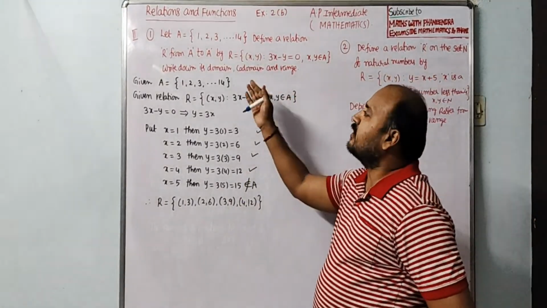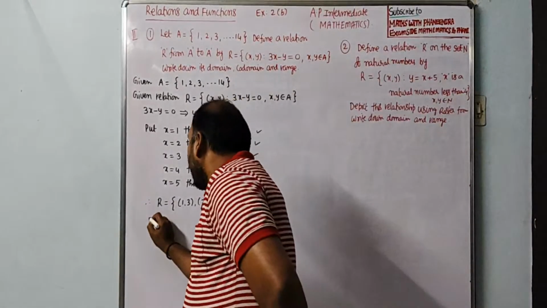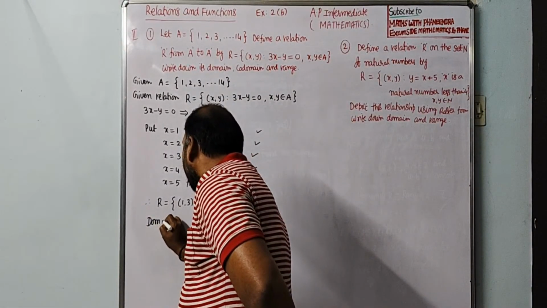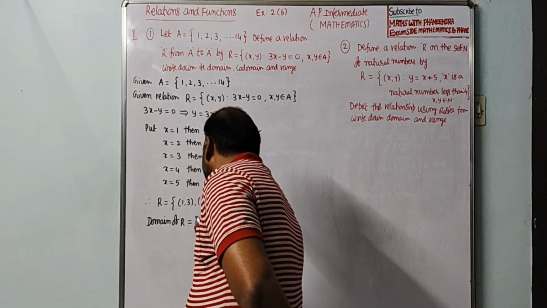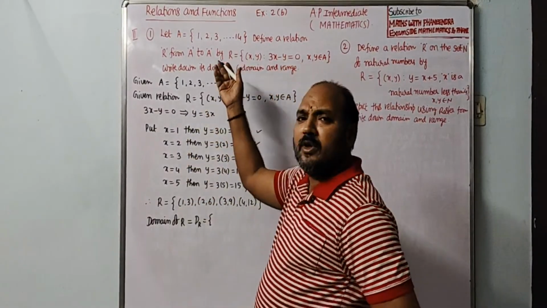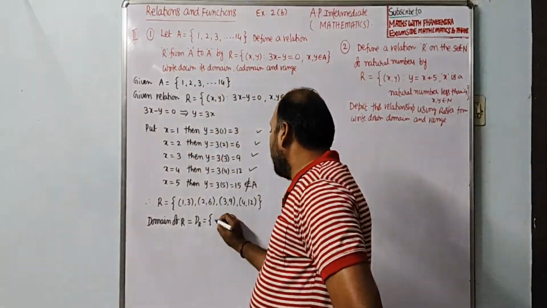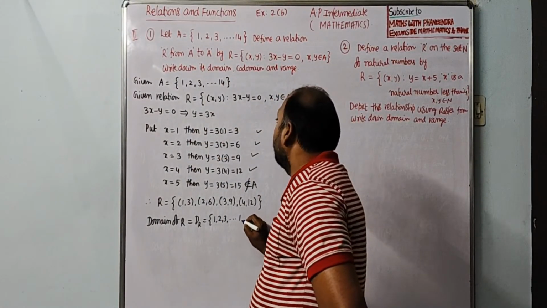In that they are asking to write domain, codomain and range. Domain of R. So domain is all the elements, whatever we have in A, we can write it 1, 2, 3 and so on up to.